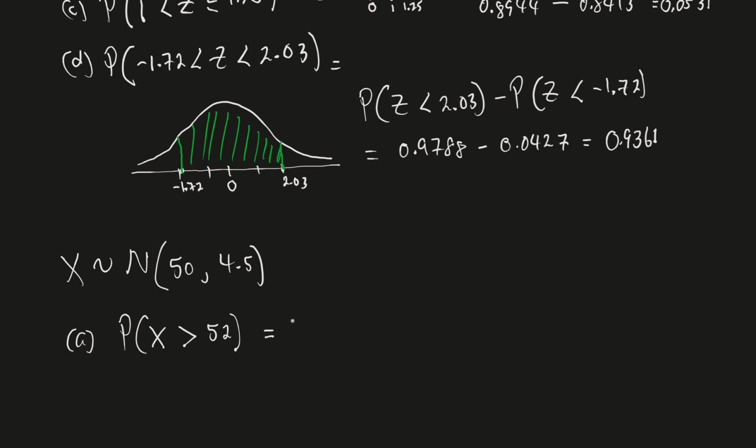So that probability is equal to the probability that, so if we do this to the left-hand side of my inequality, then I have to do the same operations on the right-hand side of the inequality. So I have to take my 52 minus 50 and divide it by 4.5.